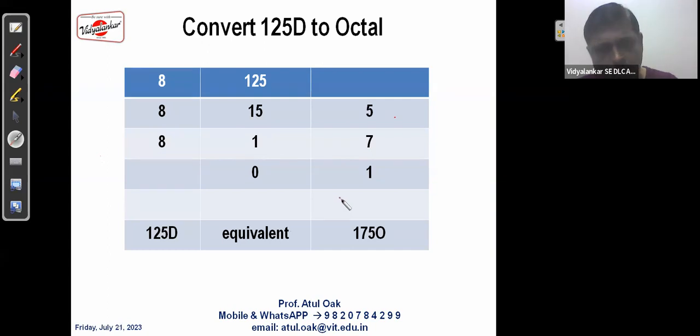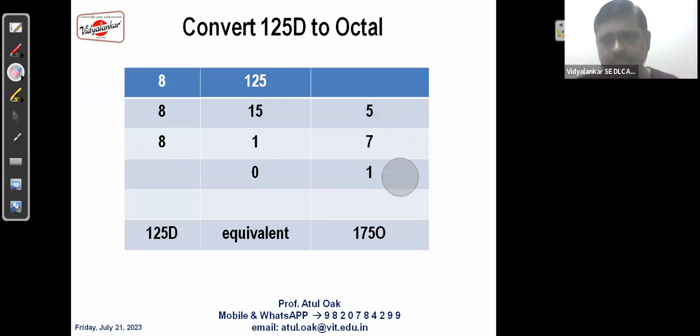And collect all digits from bottom to top. Same, just like our binary conversion. So the octal number that you get is 175. So 125D, that means decimal, is equivalent to 175 octal. Okay, same process, only difference, divide by 8 because that is your target base.